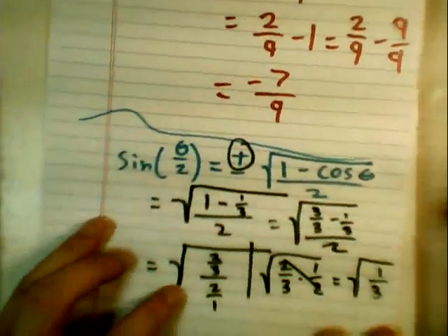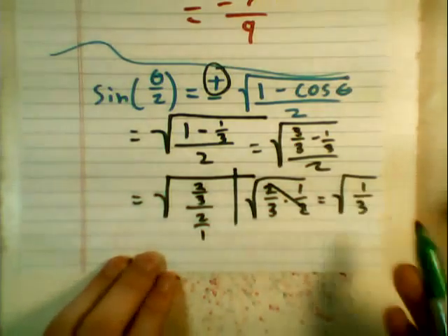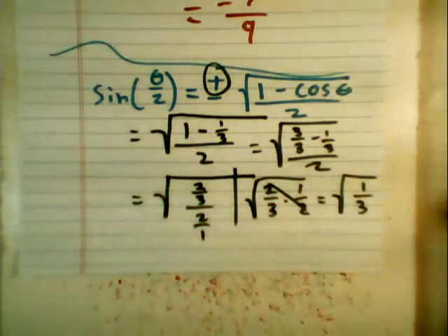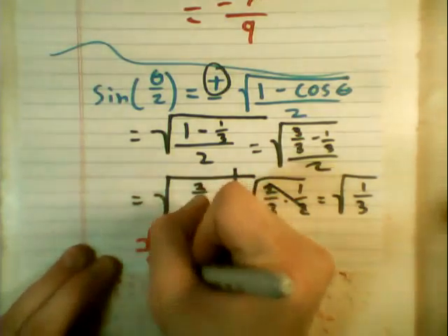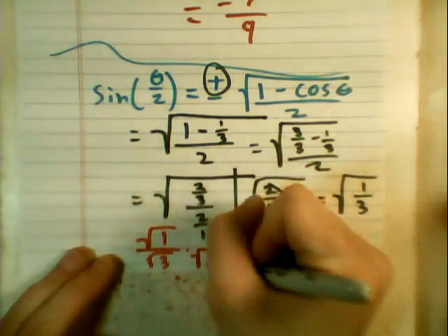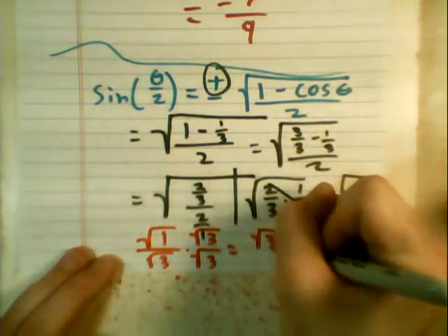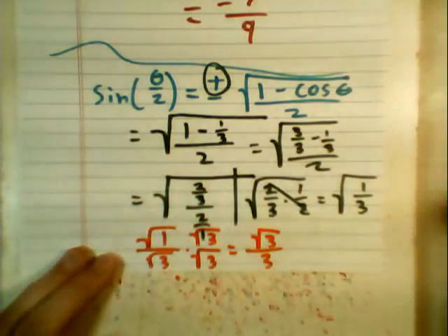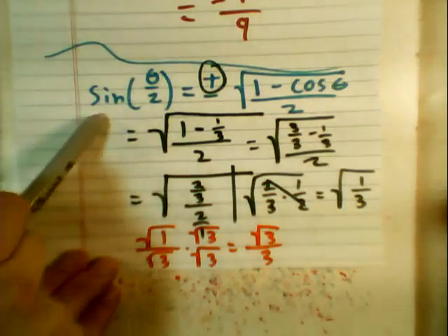So finally we get to the square root of 1/3. We now need to apply the square root to both the 1 and the 3. So we have the square root of 1 divided by the square root of 3. And since we can't actually take those square roots, let's rationalize by the denominator. So we get the square root of 3 over 3. And that is the answer for sine half angle.